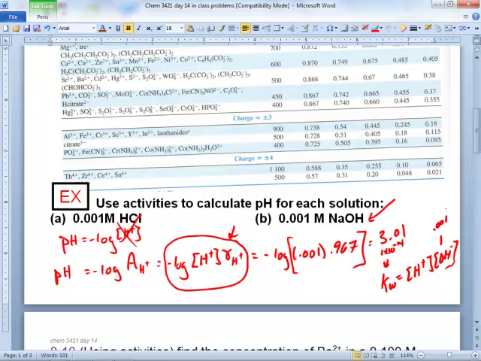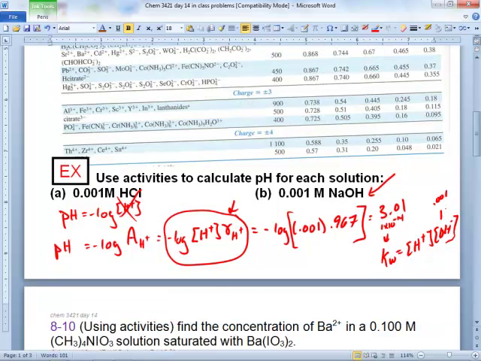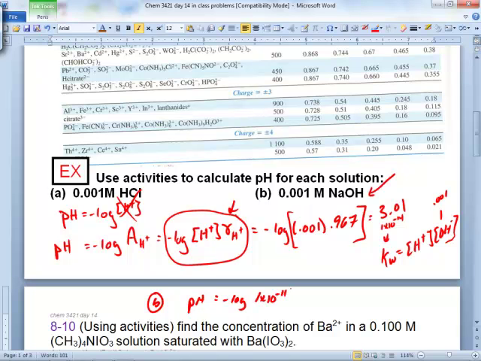One times 10 to the negative 11. So for B, pH is the negative log of 1 times 10 to the negative 11, times my activity coefficient.